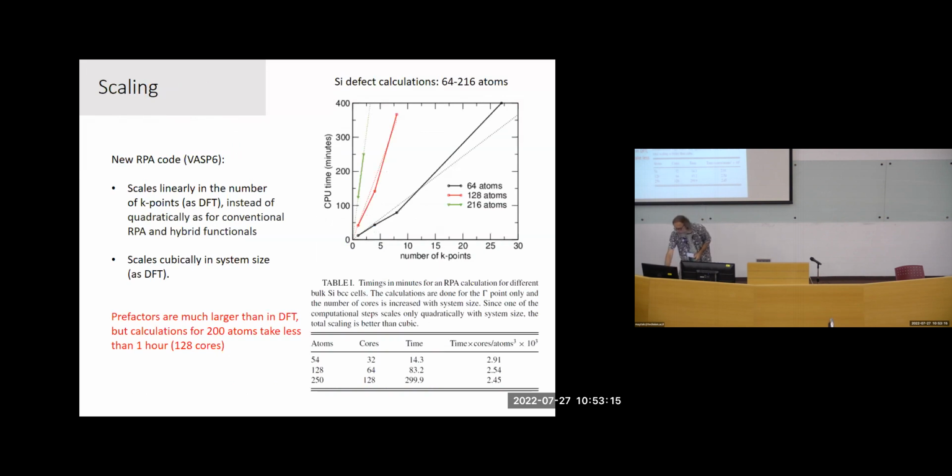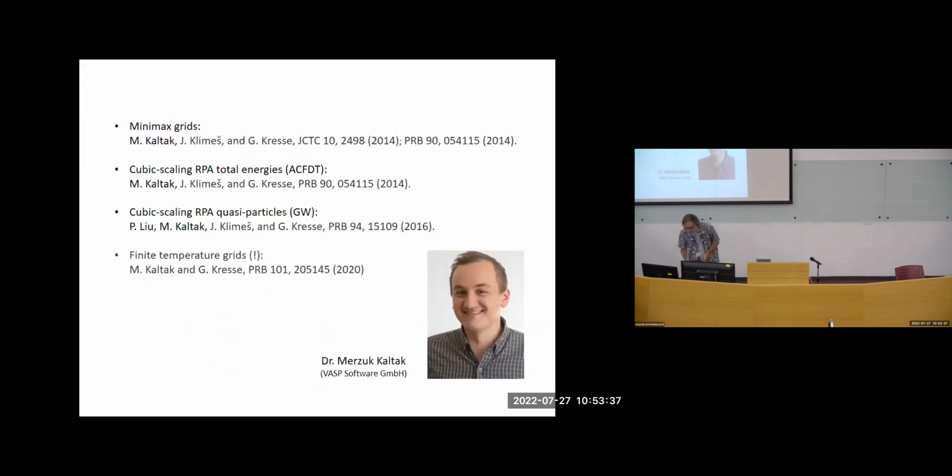Basically I then have only a few slides that should convince you that the scaling is actually as I say it is. But let me skip those. Maybe mention a few people, especially Martijn, who came up with these optimized grids and has done quite nice work on finite temperature grids.